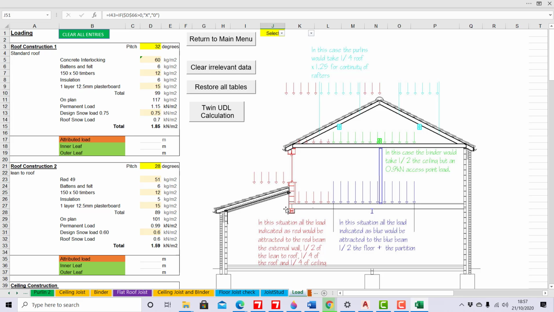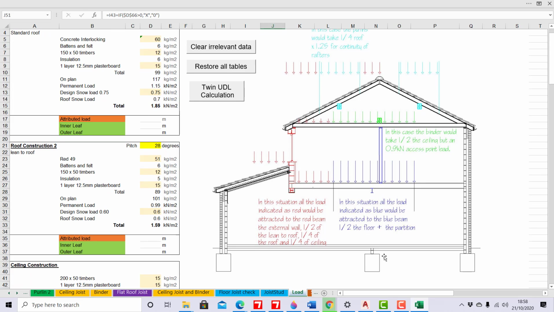It will calculate the load on that beam, purlins, binders, or foundations, or ground beams, because that could quite easily be a ground beam rather than a strip foundation, a trench fill foundation. And it will also carry on and do eccentric foundations, but that's for another day.